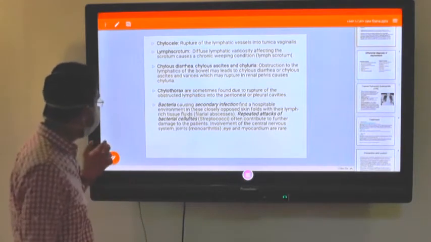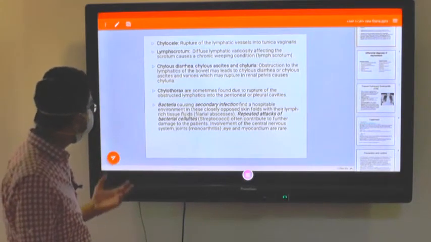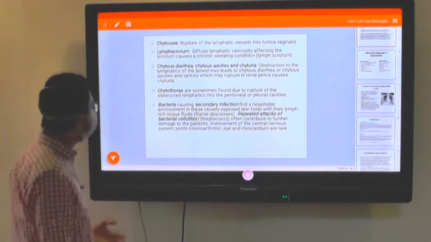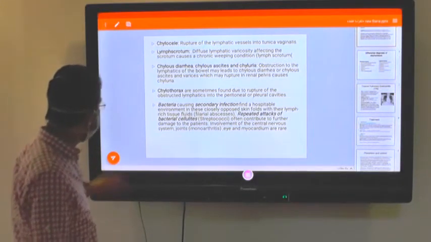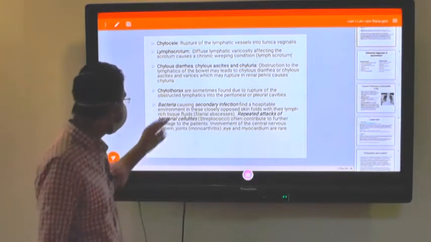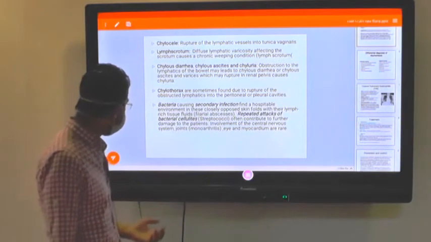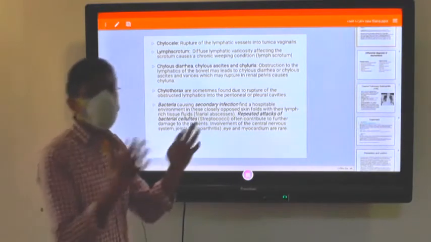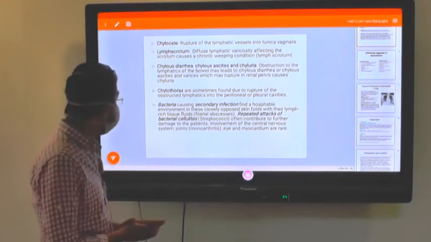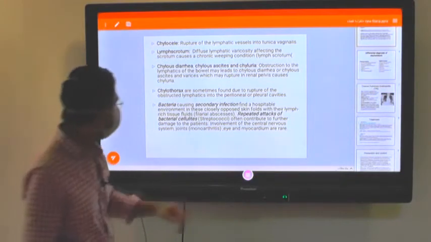Chylous diarrhea, chylosositis and chyluria are due to obstruction of the lymphatics of the bowel. Chylothorax is due to obstruction of the lymphatic vessels in the pleural cavity. There may also be secondary bacterial infection on top, and bacterial cellulitis.